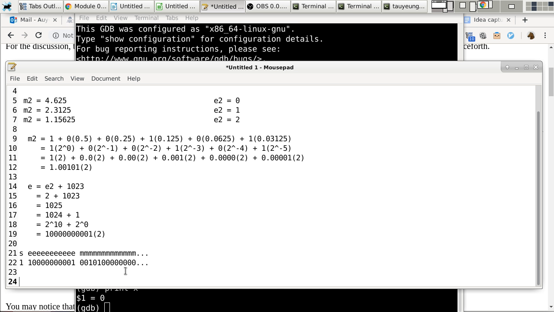I have several problems now. One, GCC does not understand binary, so there's no way for me to copy and paste it. And two, even if it could, 64 digits is a lot of digits to copy and paste.